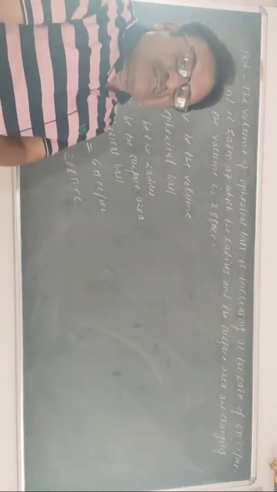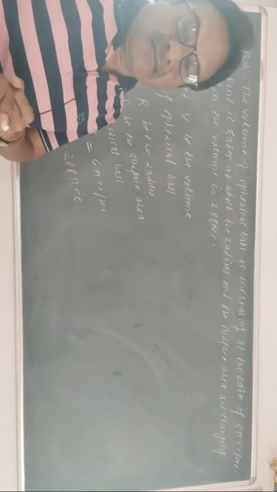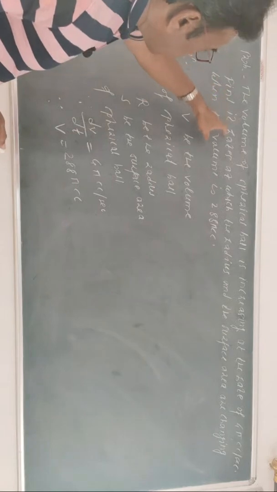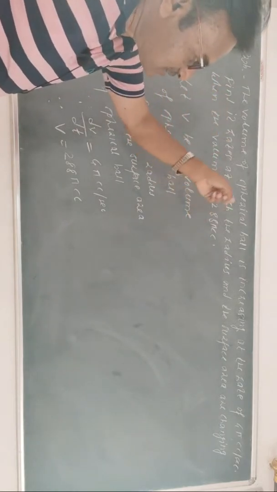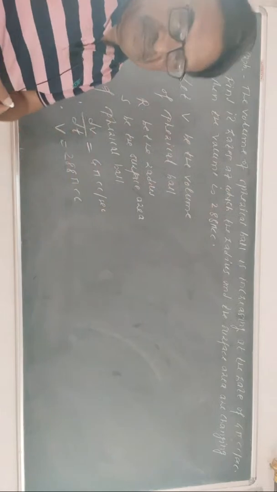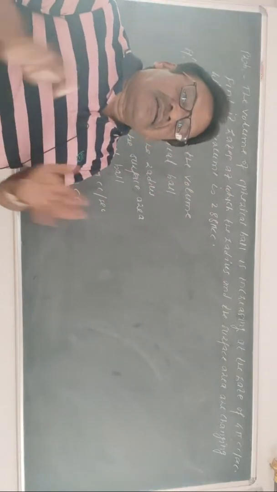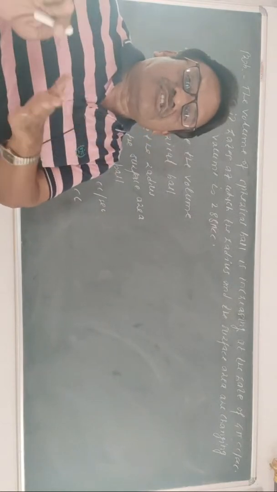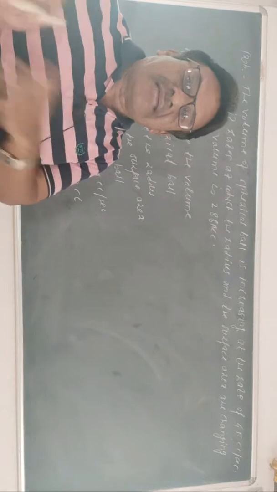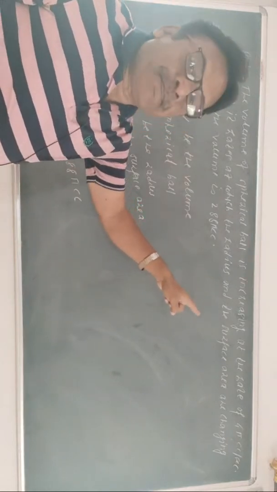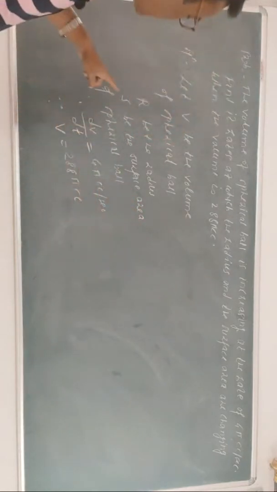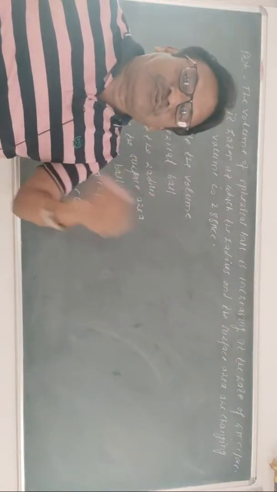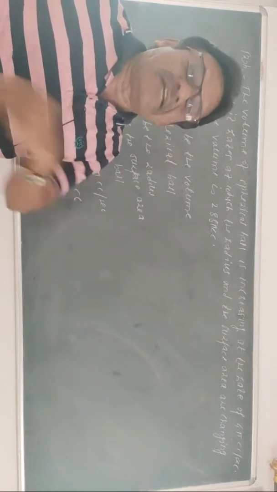Now what do we have to find? Here we find the rates at which the radius and the surface area are changing. That means we find dr by dt, the rate of change of radius with respect to time t, and the surface area is denoted by capital S, so we find the rate of change of surface area with respect to time t, that is, ds by dt.